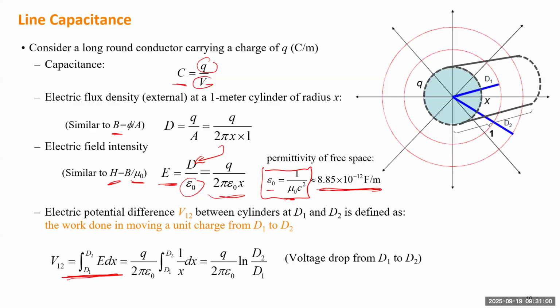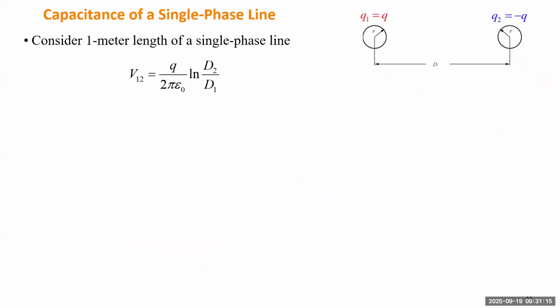You plug in this formula here and solve this integral, and you will get this one. This tells the voltage drop from d1 to d2. Then we're ready to use this to continue to study the capacitance.